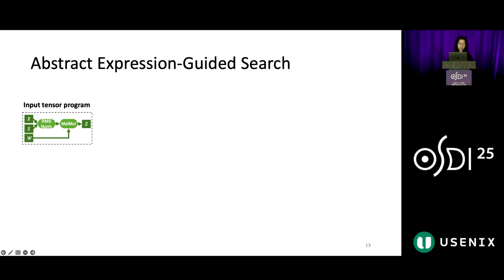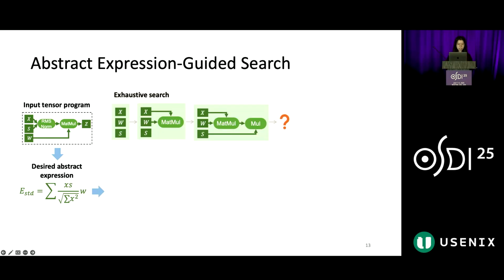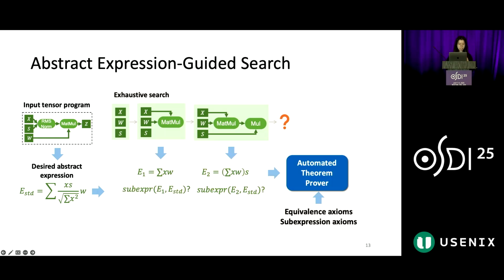And here is the pipeline of our abstract expression-guided search. From the input tensor program, we first derive the desired abstract expression. Then during the exhaustive search, at each step, we first compute the abstract expression of the current MuleGraph and verify whether it's a sub-expression of the desired one using an automated theorem prover. If the answer is yes, then we continue this search. Otherwise, this branch is pruned out.